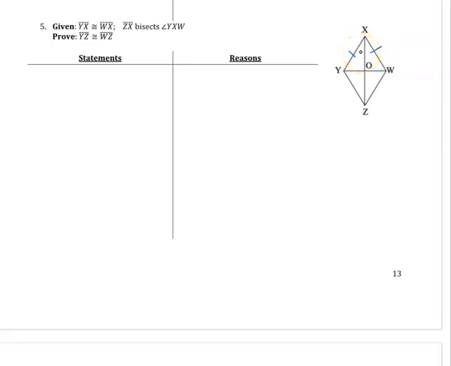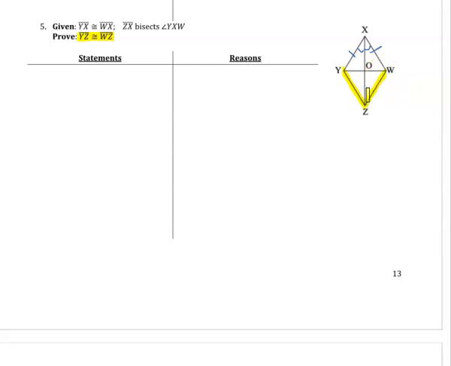So automatically I'm thinking that these 2 angles right up here are congruent. I want to prove that YZ, which is right here, is congruent to WZ.